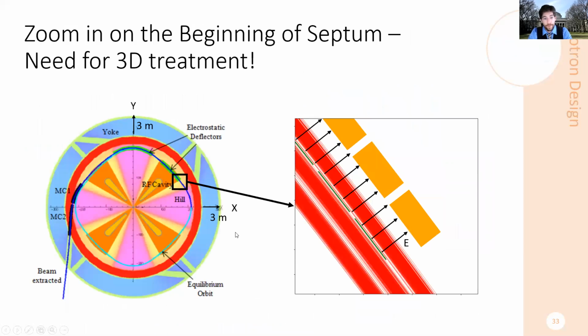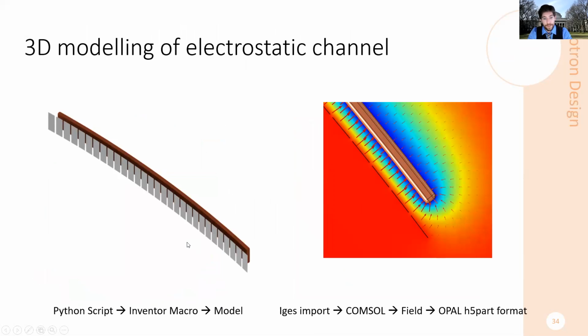And we have also improved our realism quite a bit by including these septum electrodes and the puller electrodes as collimator objects in OWLE. So that means we can register in 3D how many particles are lost on both electrostatic deflector systems, and we can calculate these fields through finite element methods. Here are just 2 pictures.